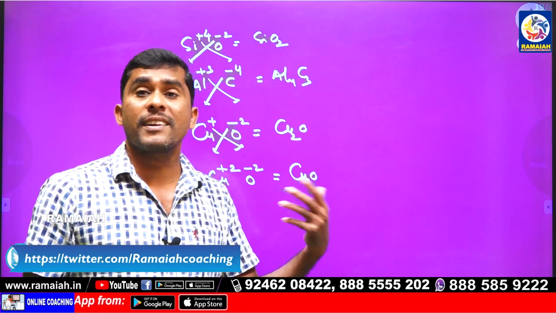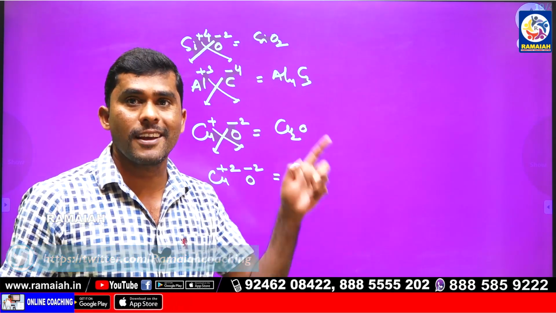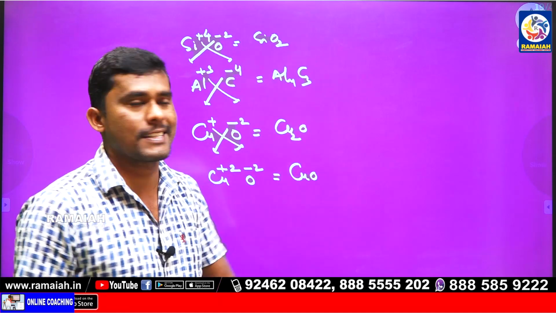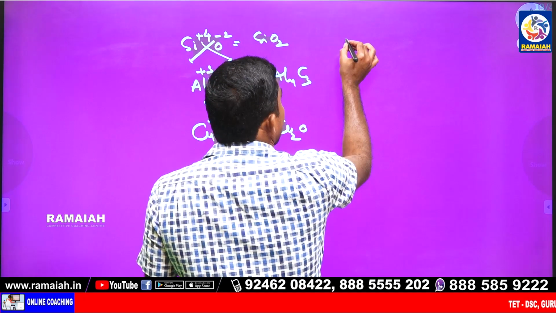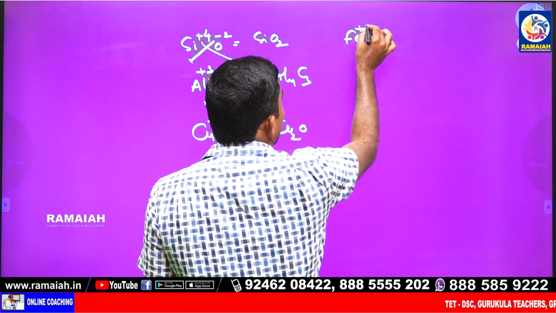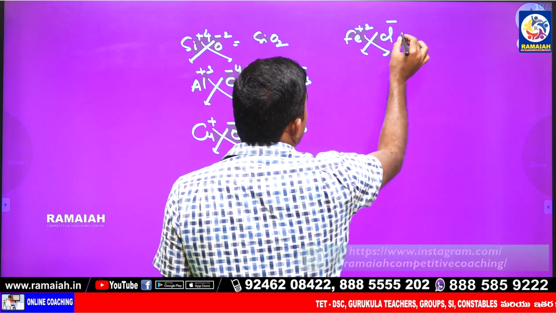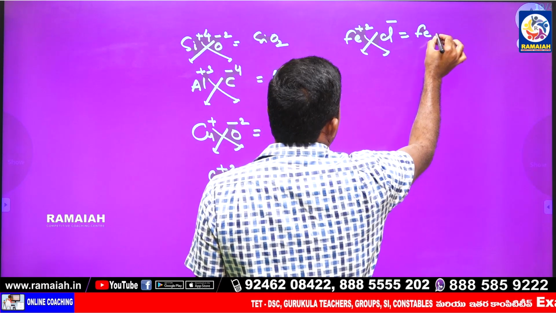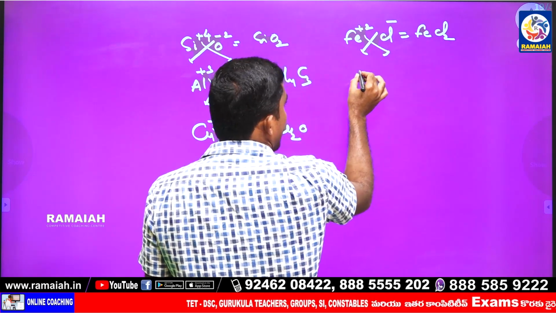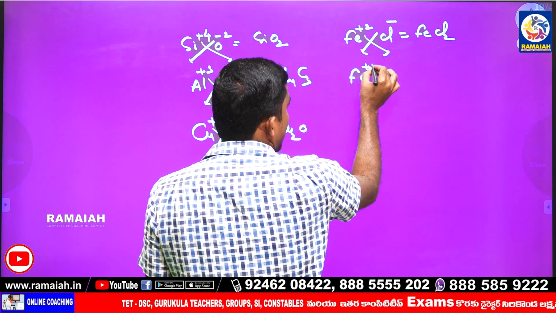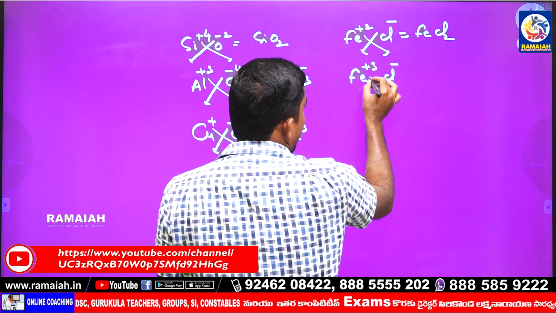For example, ferrous chloride. Ferrous means Fe plus 2. Ferric means Fe plus 3. Ferrous Fe plus 2, chloride Cl minus. So the formula is FeCl2. Ferric chloride: ferric means Fe plus 3, chloride means Cl minus.